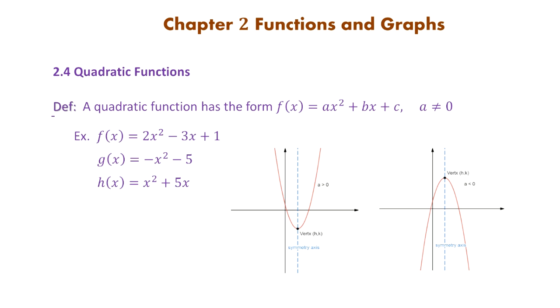The vertex is either the lowest point when the parabola opens up, or the highest point when the parabola opens down. We usually use (h, k) to denote the x and y coordinates of the vertex of the parabola. All right, good.